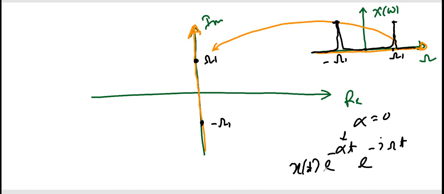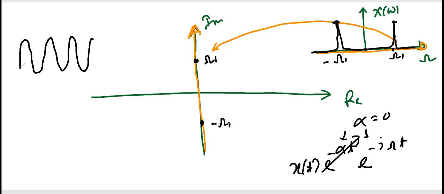If alpha is equal to 0, this is equal to 1, and it is exactly the Fourier transform. And in that case, we are targeting only the oscillating signal, which does not have any decaying factor. So we are targeting this kind of signal in this plane.